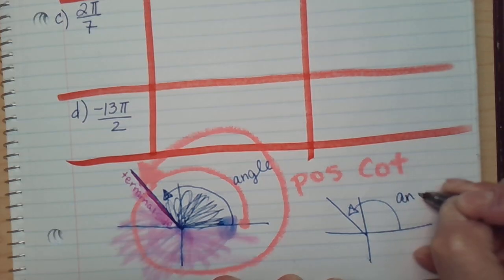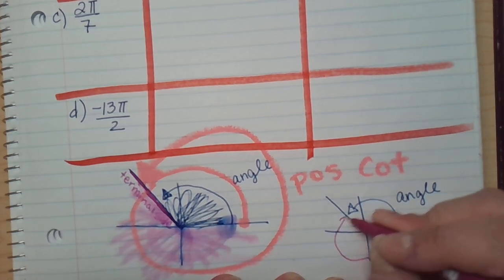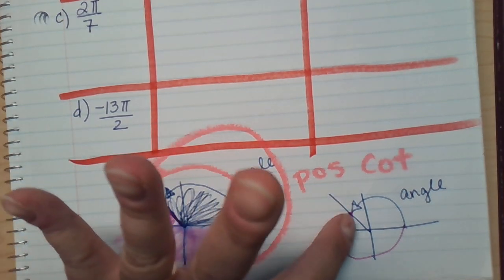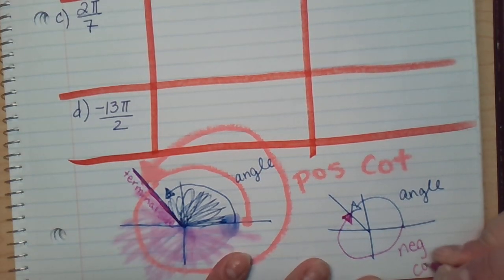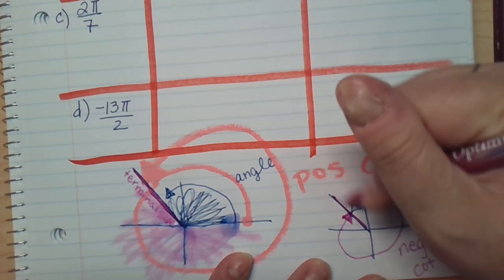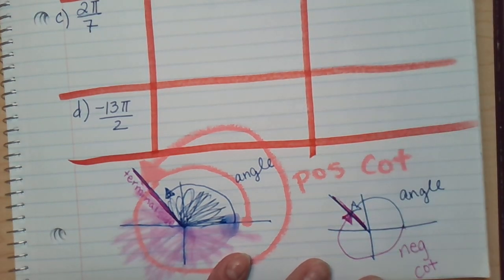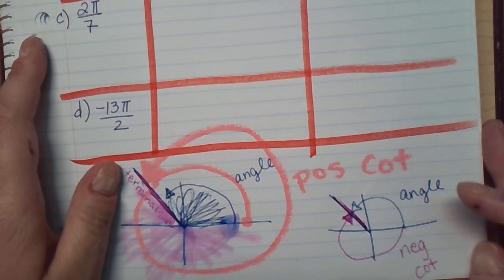If this is our angle, coterminal starts at the same spot and goes backwards to complete that spiral, and it lands at the same spot. So coterminal angles share that terminal side, and we're trying to find basically what's left over from 360.